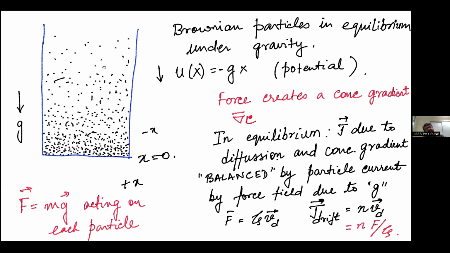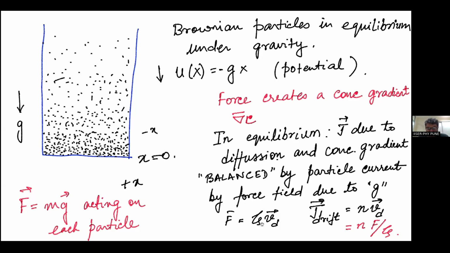When these two currents are balanced, you will reach equilibrium. So in equilibrium, the current due to diffusion and concentration gradient is balanced by the particle current by the force field due to gravity, Boltzmann.